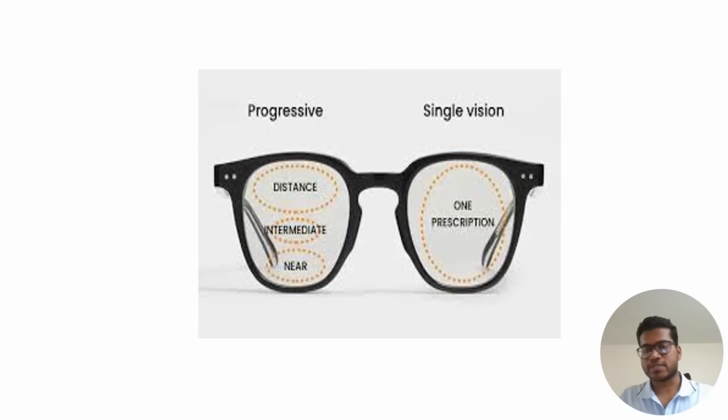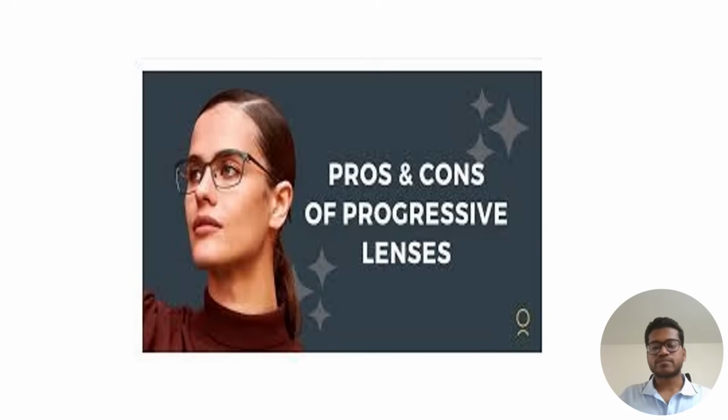If you look at the progressive, it is very clear, and people are able to see very clearly and focus on near vision, intermediate, and also distance. But if you look at this picture, it clearly shows some gap around here. This is called the peripheral distortion area, which can be blurred too. This is why we need progressive lenses. Let's move on to the other slide.